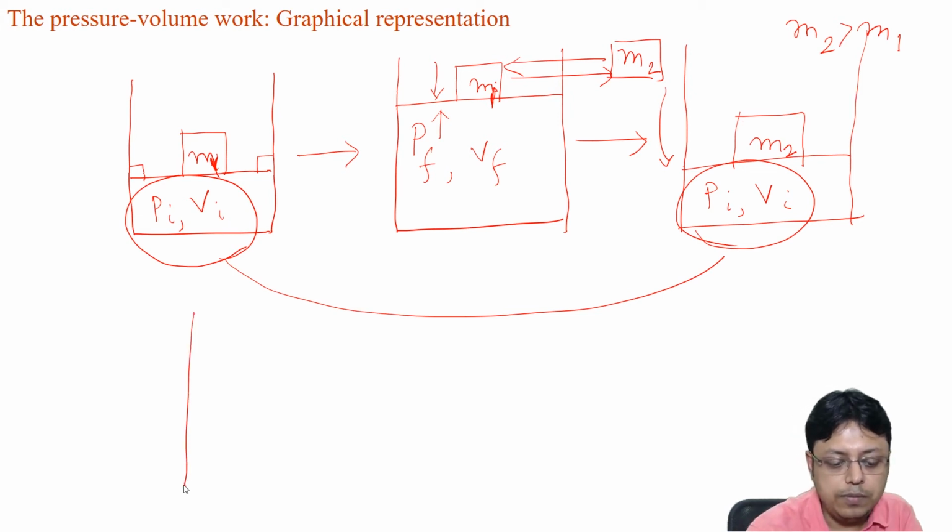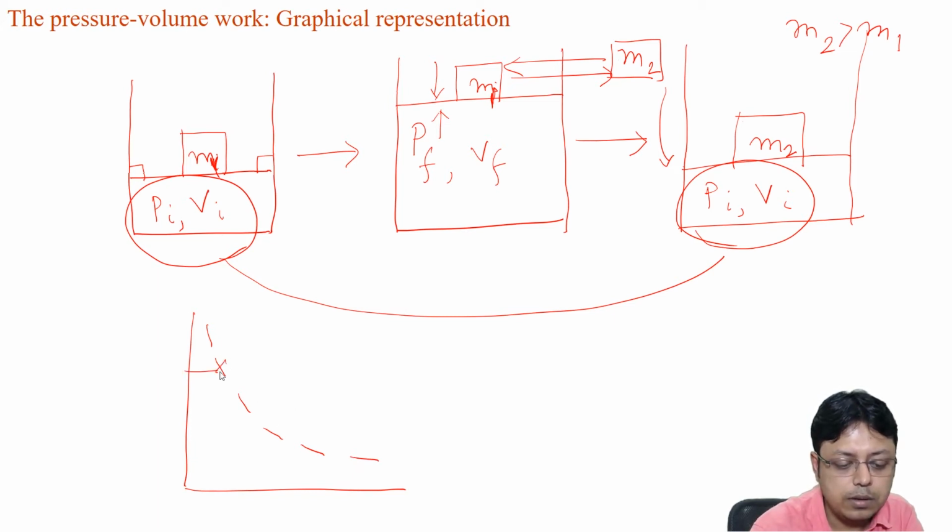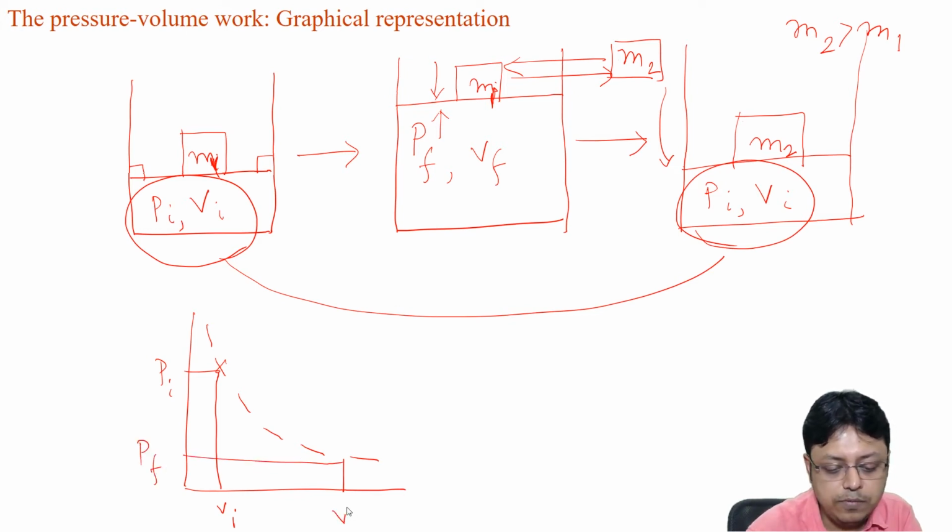So on the PV isotherm, what we are saying is that during the expansion we started from P initial, V initial, this state, to P final, V final, this state, and the work done by the system, which is a negative work, was equivalent to this.